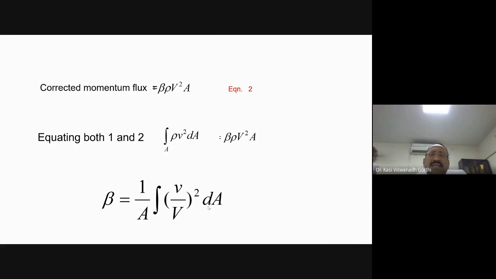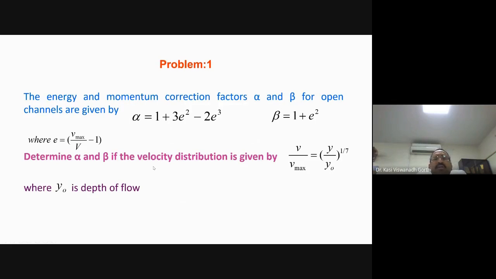Strictly speaking, you should consider the actual velocity distribution. Since you are using the mean velocity, you are trying to correct it by multiplying with the appropriate correction factor, either alpha or beta, for kinetic energy or momentum respectively. Work out one or two problems related to this.